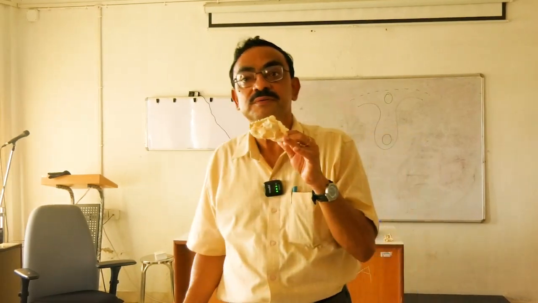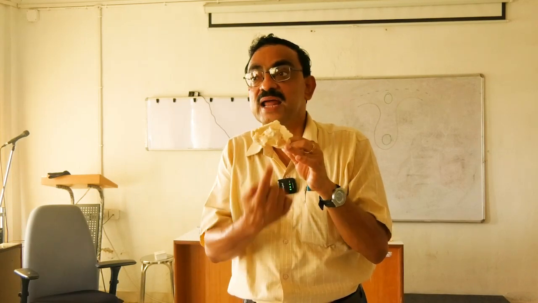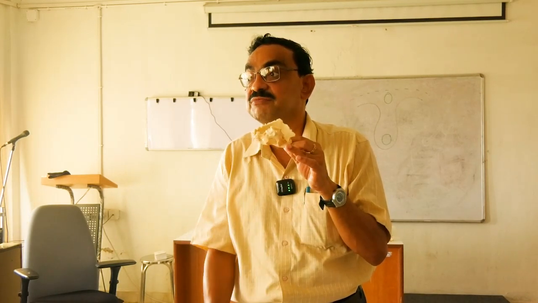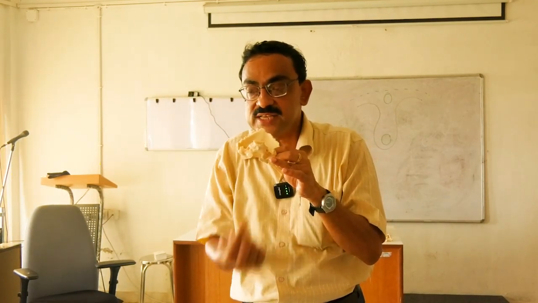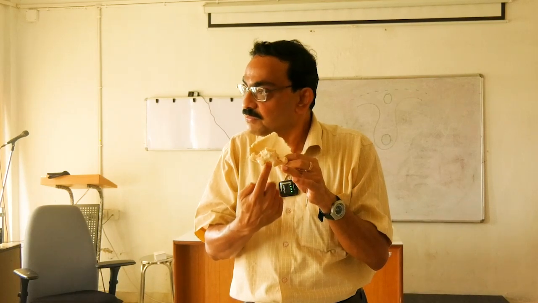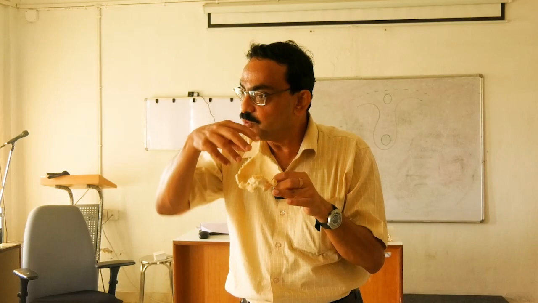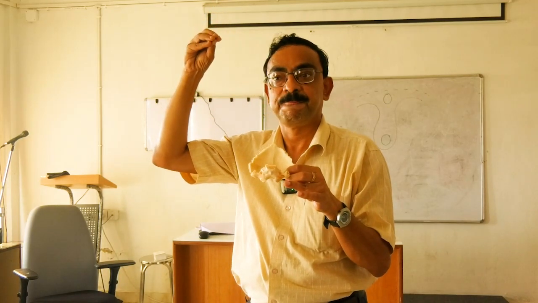that is the spinal root of the accessory nerve. There are two roots, one is the cranial root, one is the spinal root. They join and form the accessory nerve. So the spinal root of the accessory nerve will also come up.